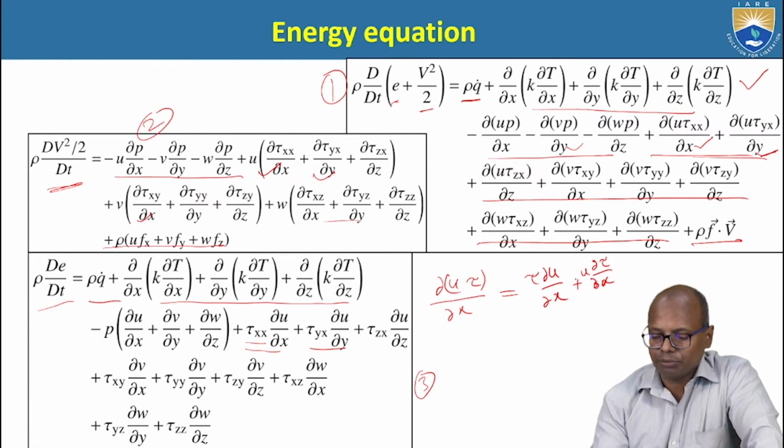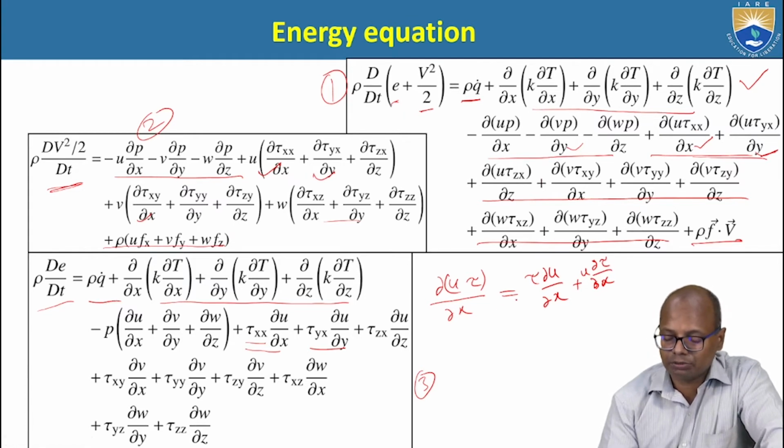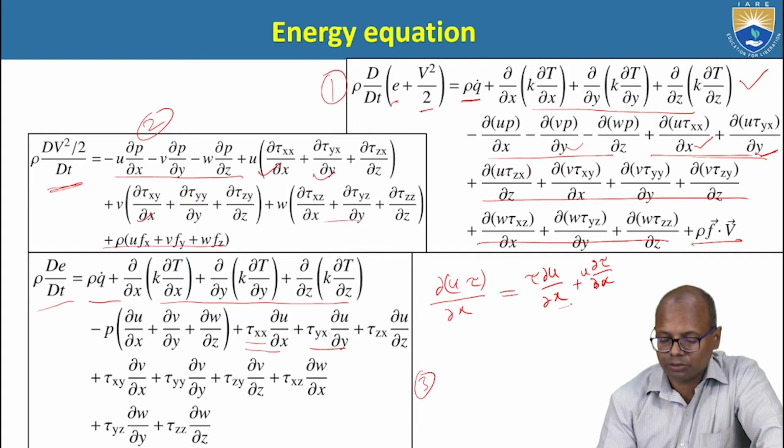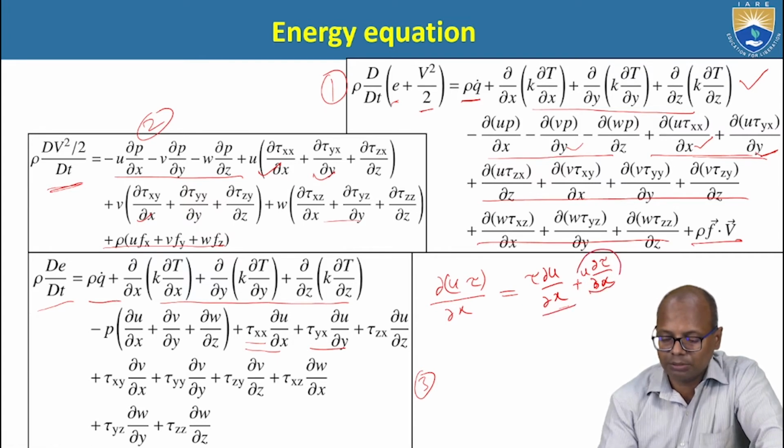I have applied the UV rule. So I have u in three places: tau xx, tau yx and tau zx. It is the same for all the three. If I subtract, I have two terms here and one term there, and what I am remaining with is this term. Here I have u into dou tau by dou x, so this is eliminated and I am getting only this term.